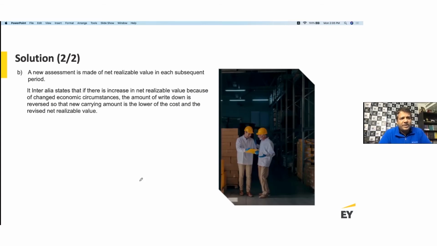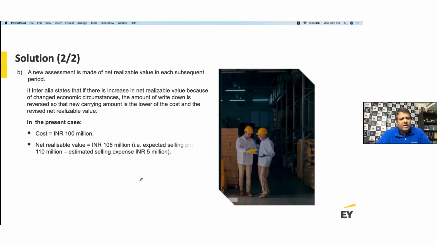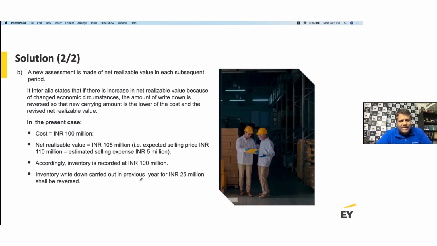A new assessment is made, which states that there is an increase in realizable value because of changed economic circumstances, so the amount of write down is reversed. So cost was 100, net realizable value was 105, which is 110 minus 5. So inventory is now going to be recorded at INR 100, and the INR 25 million loss shall be reversed.